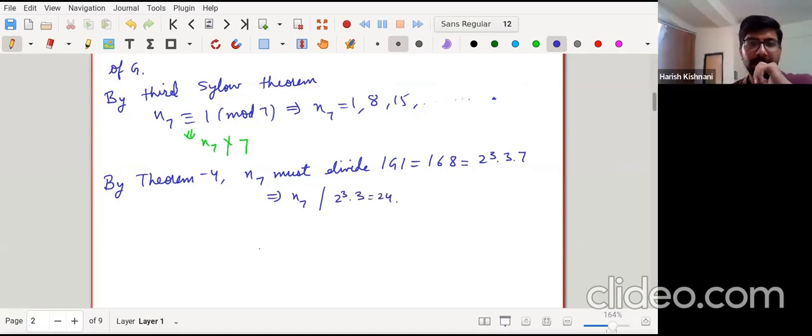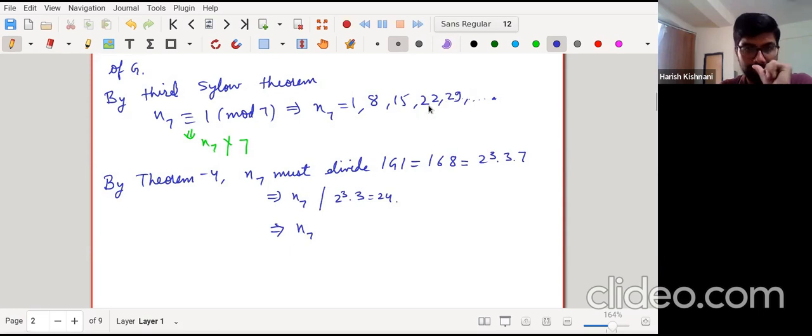So what are the possibilities for n7? See, 1, 8, 15, and then 22, then you have 29. Then everything is greater than 24.